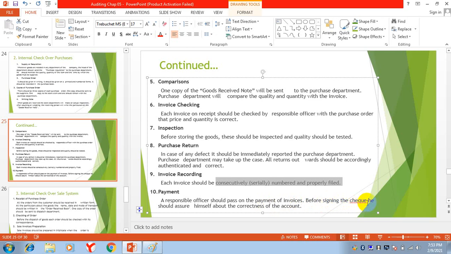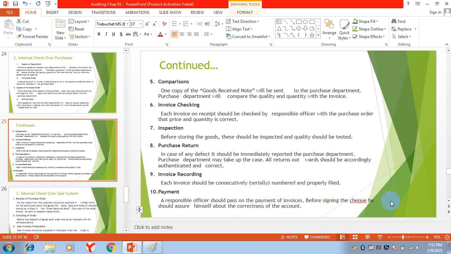Before signing the check, he should assure himself about the correctness of the account. He himself will check whether he is making payment to the correct account or not, and to the right person or not.